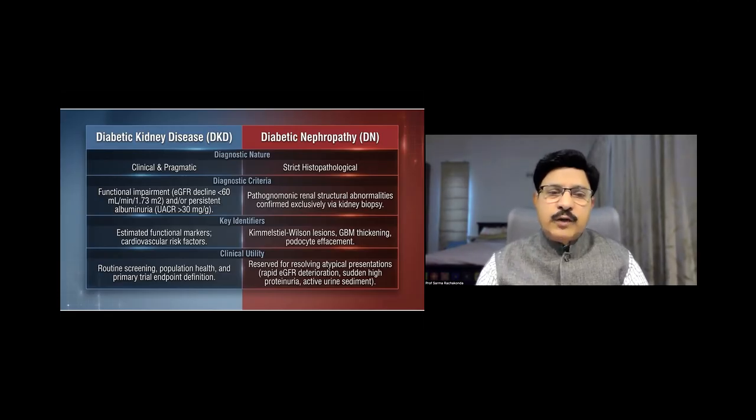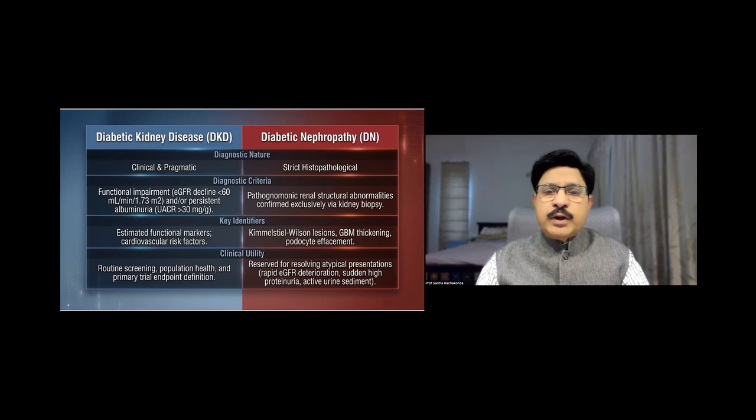Now, kidney identifiers, estimated functional markers, and cardiovascular risk factors are the key identifiers for DKD. In diabetic nephropathy, we have Kimmelstiel-Wilson nodules, GBM thickening, and podocyte effacement as the three important fundamental pathological changes. Now, clinical utility: routine screening, population health, and primary trial endpoint definition.